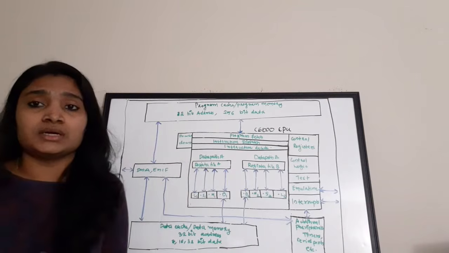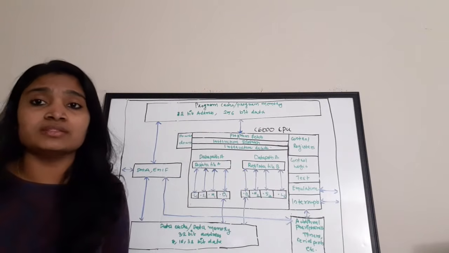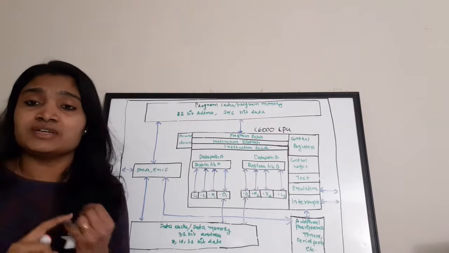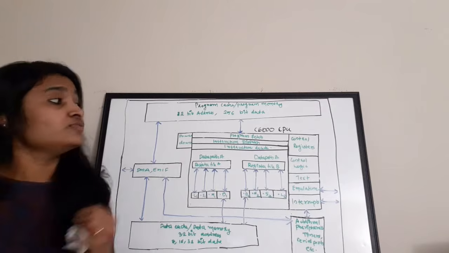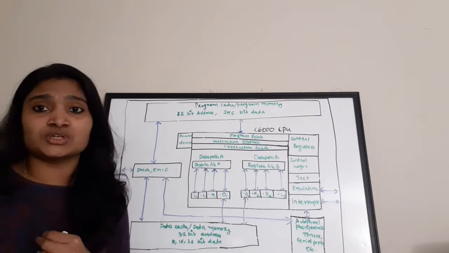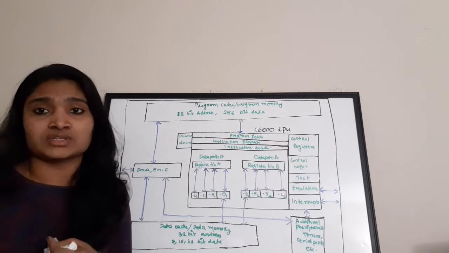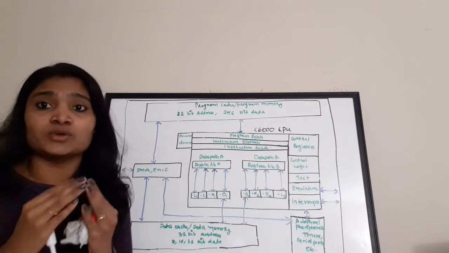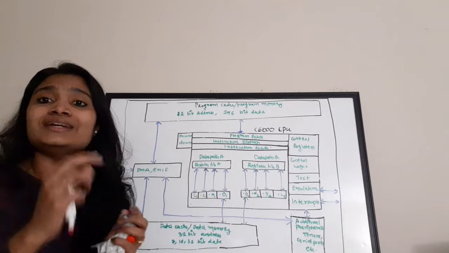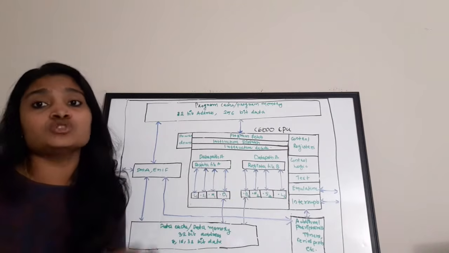When an instruction needs to be processed, what all needs to be done? First we have to fetch the instruction, then dispatch it, then decode it. First we fetch whatever instruction is to be processed. Then we dispatch this instruction to the various units.